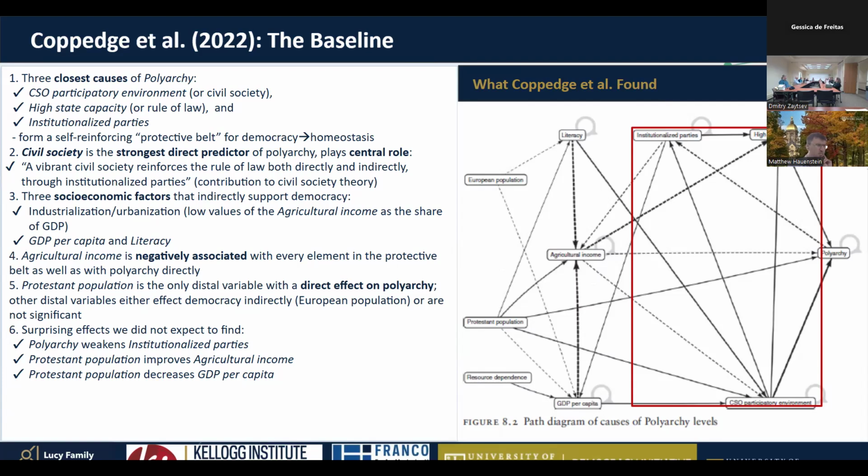And so part of the argument of the chapter is that these things tend to promote homeostasis. They tend to preserve the level of democracy that a country has, whether it's a high level or a low level. It tends to hold it loosely in place. And so if there's some shock that raises the level of democracy, these variables tend to bring it down, and in the reverse, if there's a shock that lowers it. But it's not utterly rigid.